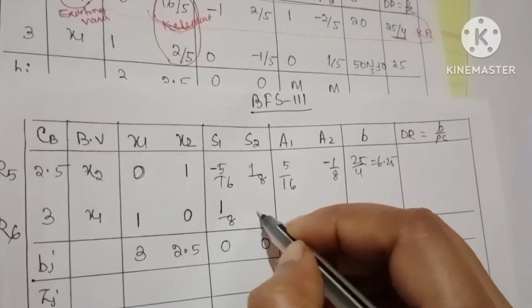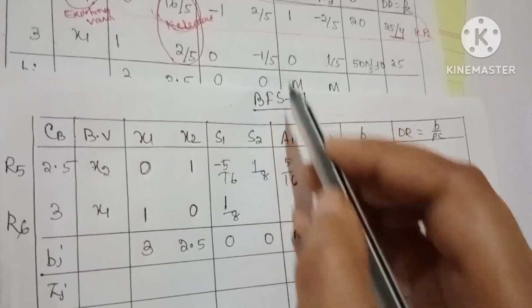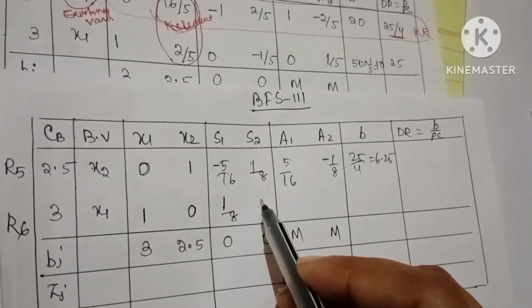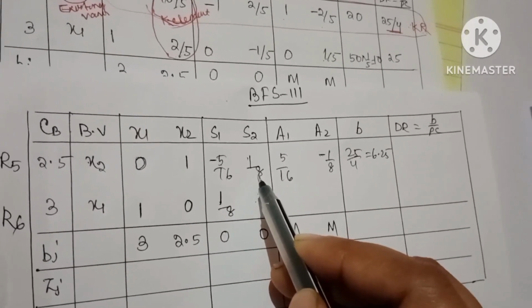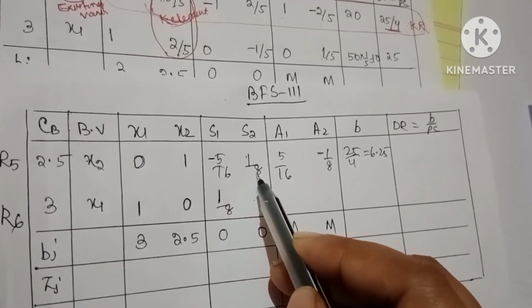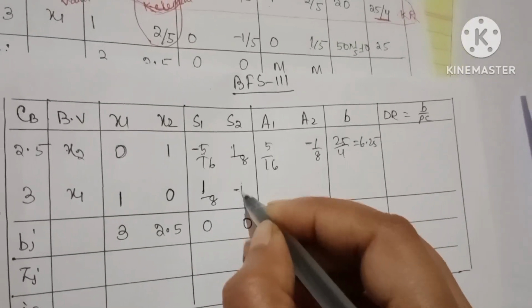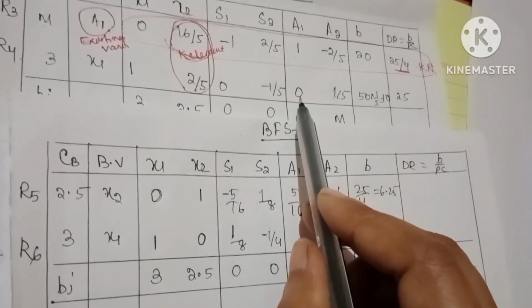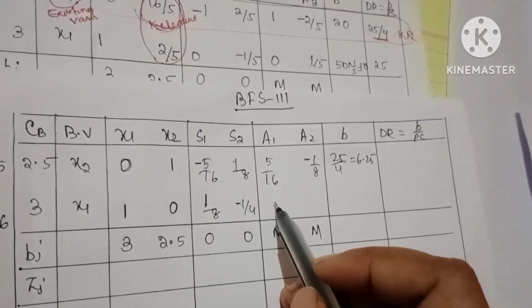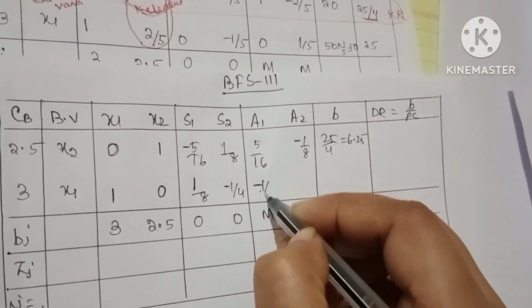Then the next is minus 1 by 5, that is old value minus 2 by 5 times of a revised pivot row, that is minus 1 by 5 minus 2 by 5 multiplied by 1 by 8. So this becomes your minus 1 by 4 after simplification. The next is old value 0 minus 2 by 5 times of 5 by 16. So this becomes your minus 1 by 8.